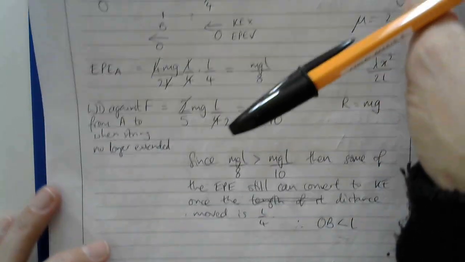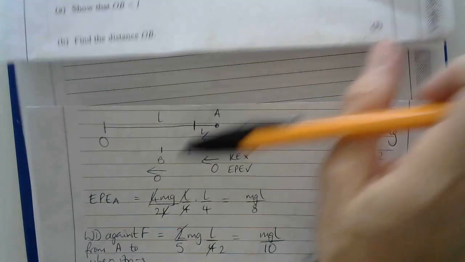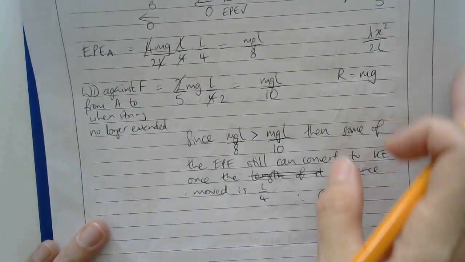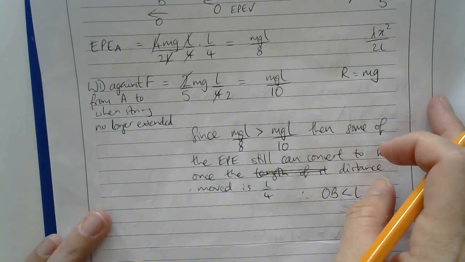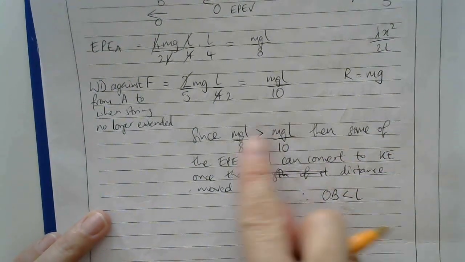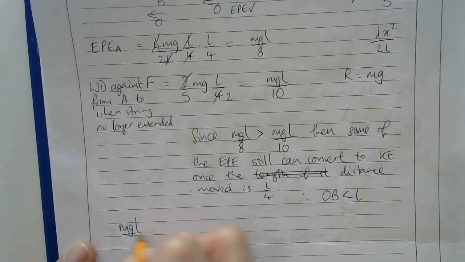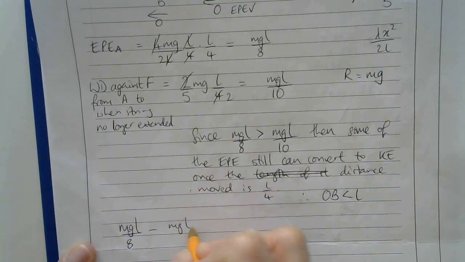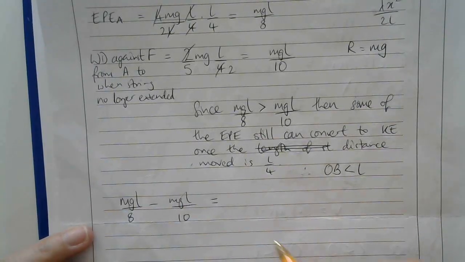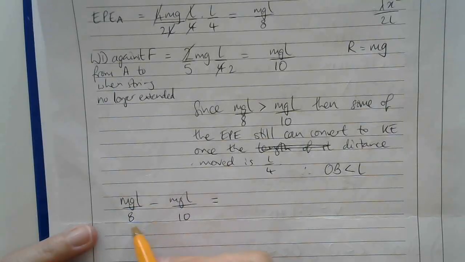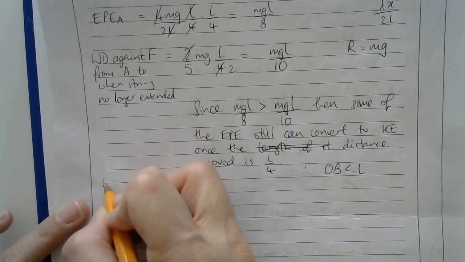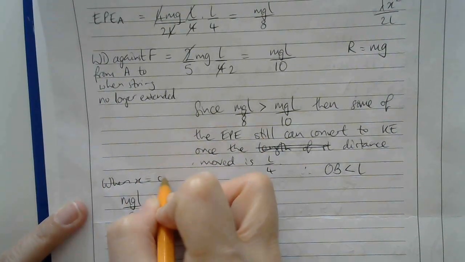Okay, so that's for the first 4 marks. Then it asks me to find this distance OB. The energy that it has at that point is the difference between these two. So mgL over 8 minus mgL over 10 will give you the energy that you've got left at that point, when x equals 0.